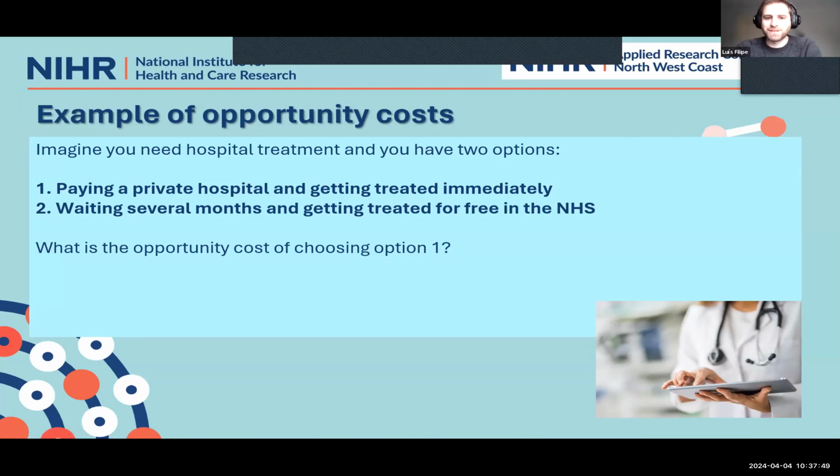Close, very close. Yes, you need to pay for the private hospital, so it is correct. But the money itself is not the opportunity cost, it is what you could be doing with the money.